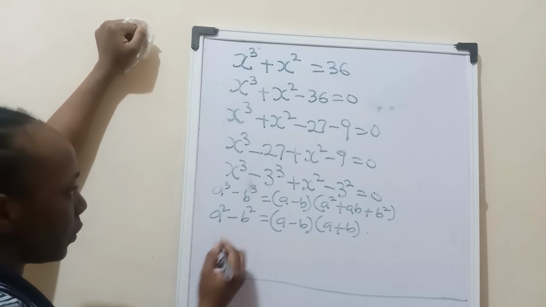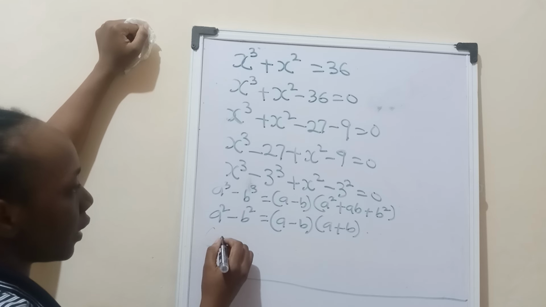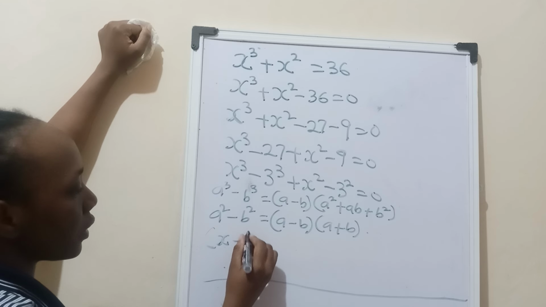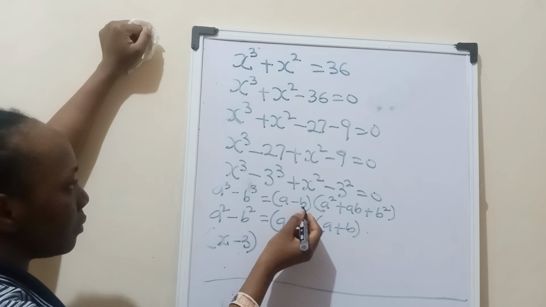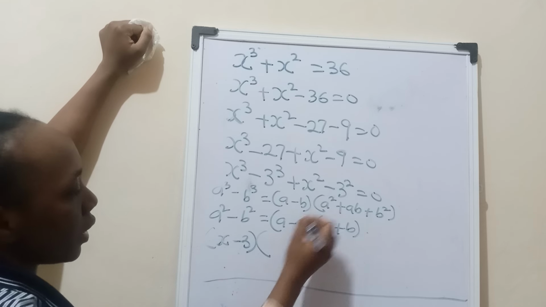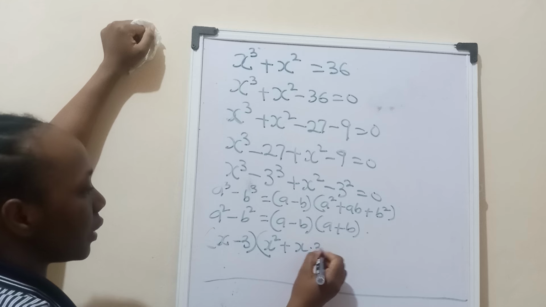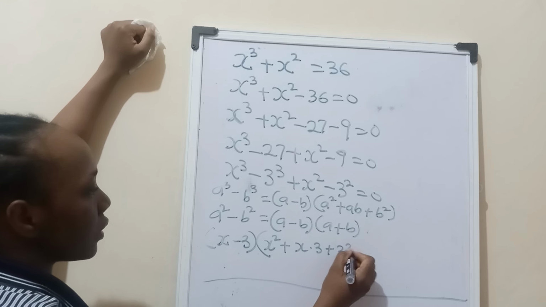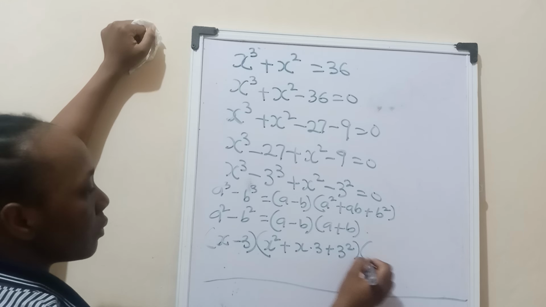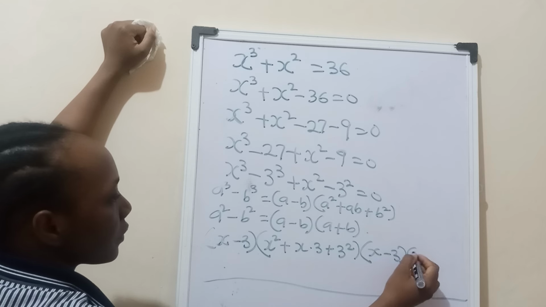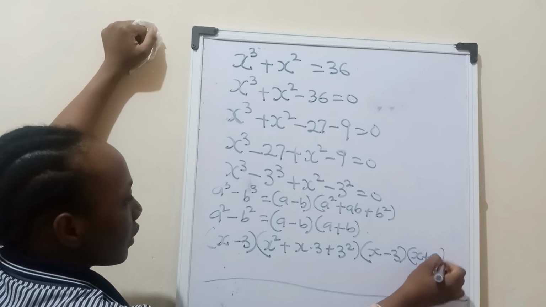So starting with this one, we have x minus 3, where a is x and b is 3. And here we have x squared plus x dot 3 plus 3 squared. Remember this one, x minus 3 and x plus 3 equals 0.